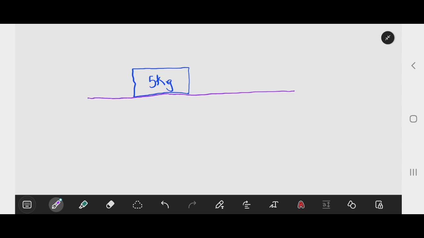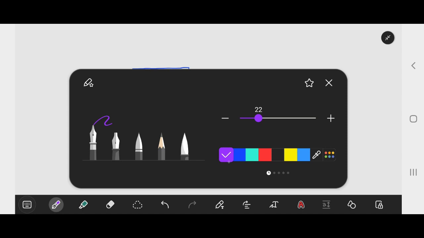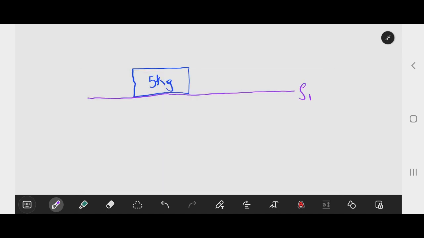The surface, let's say it is smooth, and by this we mean there is no friction. So the surface is frictionless. Since the object is resting on that surface, it means the velocity of that object is equal to 0 meters per second. So the object is not moving.